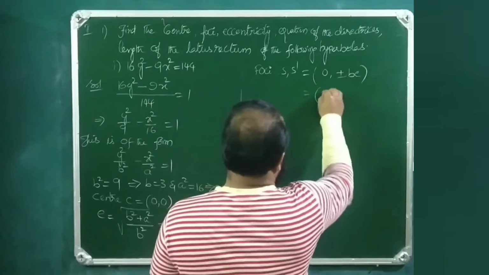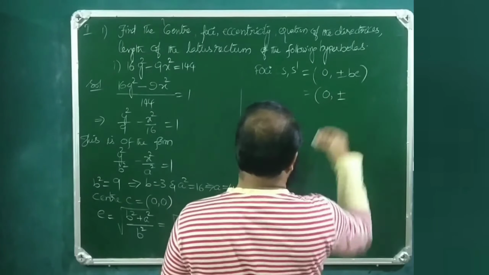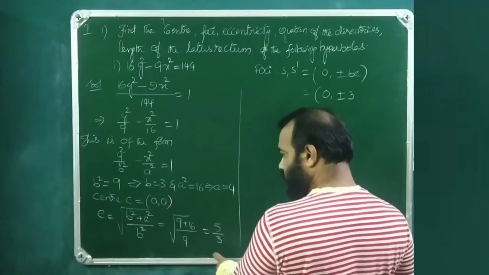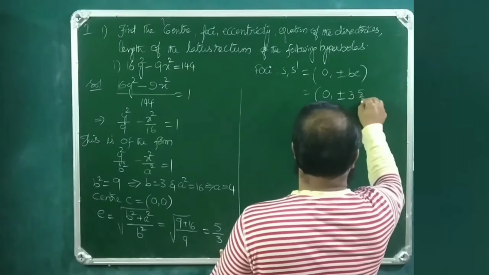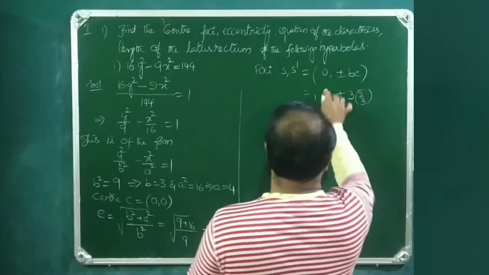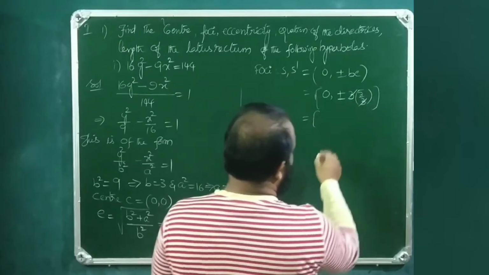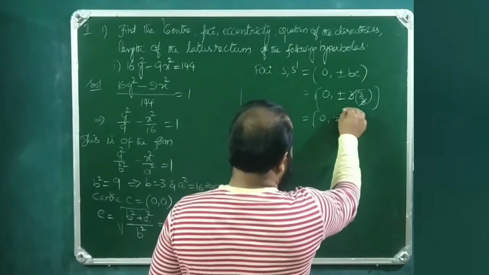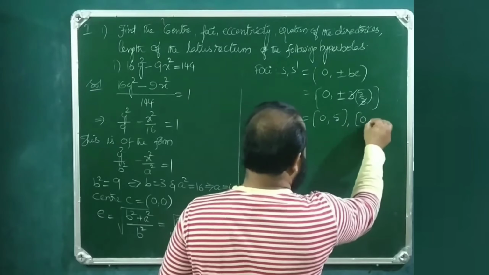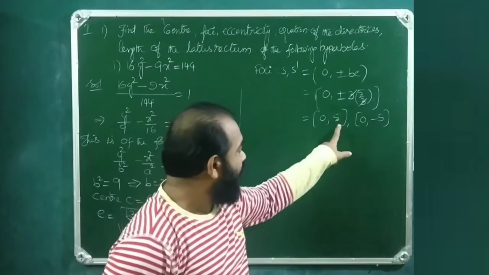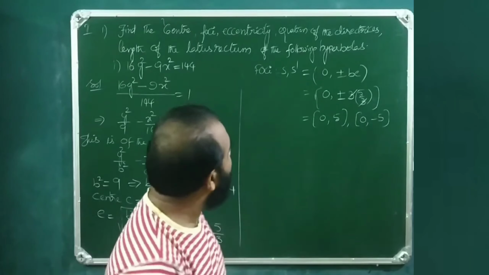So 0 comma plus or minus the value of b is 3, e is 5 by 3. So 3 gets cancelled. So this is (0, 5) and (0, minus 5).